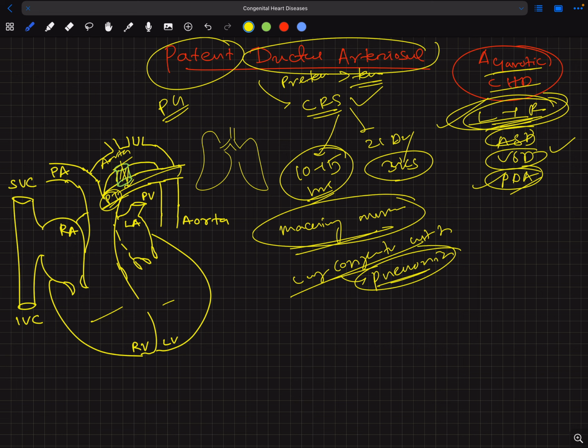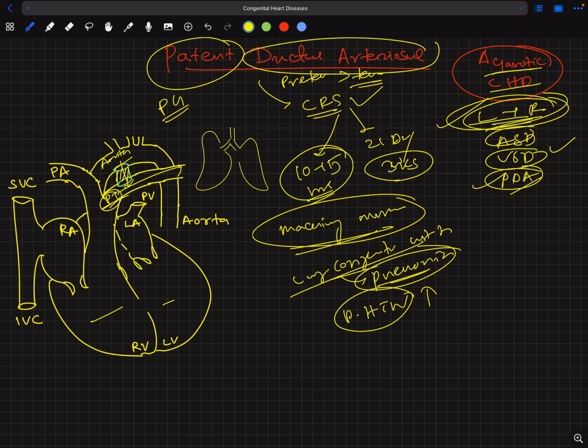After some time, with chronic increased blood flow to the lung, there will be pulmonary vascular remodeling and hypertrophy of the smooth muscles in the tunica media of the blood vessels of the lung, leading to pulmonary vasoconstriction. Further, it will lead to pulmonary hypertension.